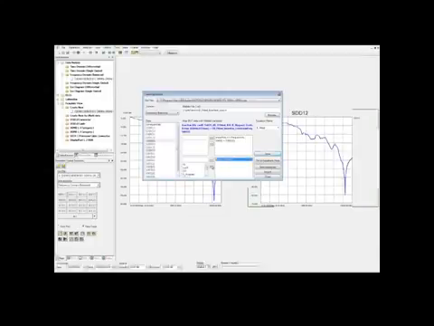Now what I'm going to do is the insertion loss deviation formulas. For that we have insertion loss deviation min. Save that formula, push that back over here, and then insertion loss deviation max.